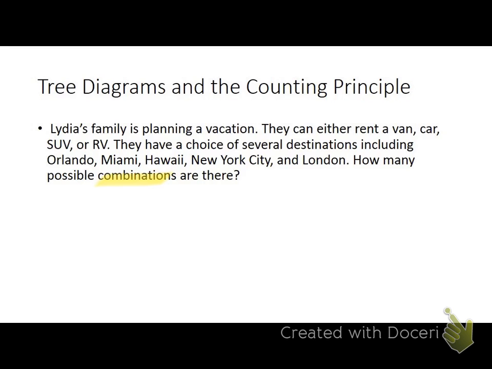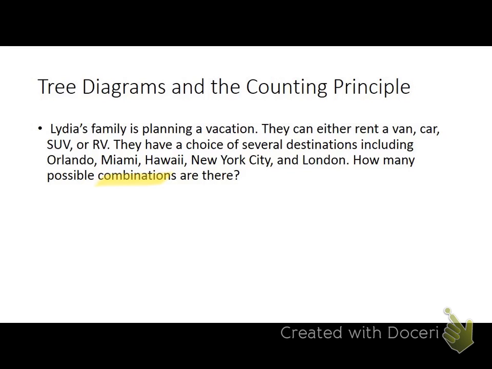So what would I label one of my categories in this example? Lydia's family is planning a vacation. They can either rent a van, car, SUV, or RV. How can I label that category? Vehicles. Yeah. Vehicles. And then I have choices of vehicles. Then it says they have choice of several destinations, including Orlando, Miami, Hawaii, New York City, and London. So what can I label my second category?